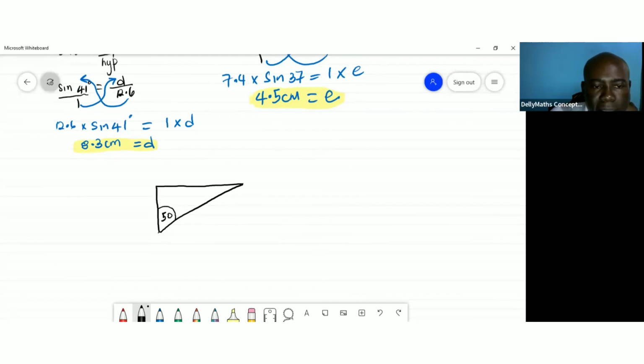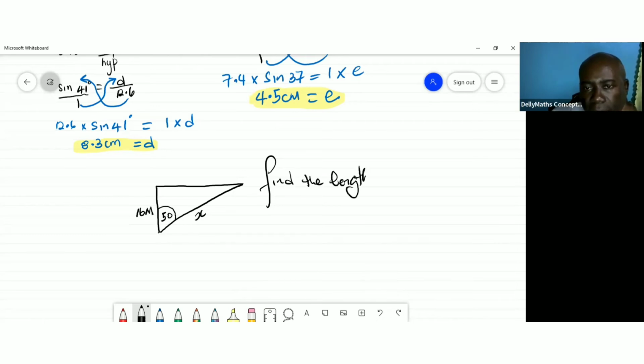Let's say this is 16 meters, and this is X. And we want to find the value for X. So we want to find the length of X.